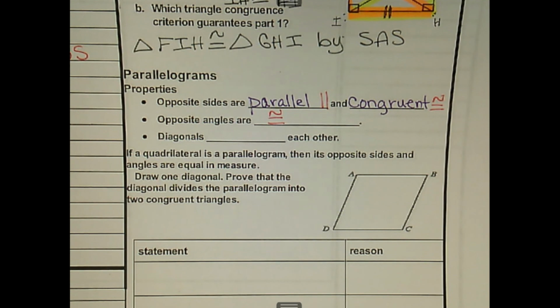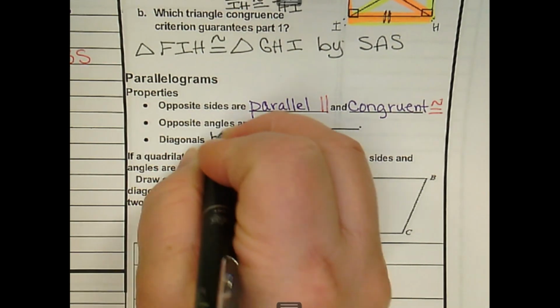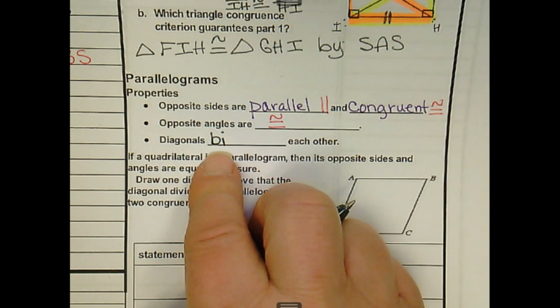Finally, diagonals do what to each other? Begins with a B. Bi. Bi means how many pieces? 2. Sect.